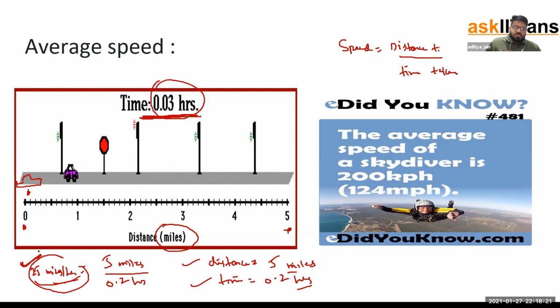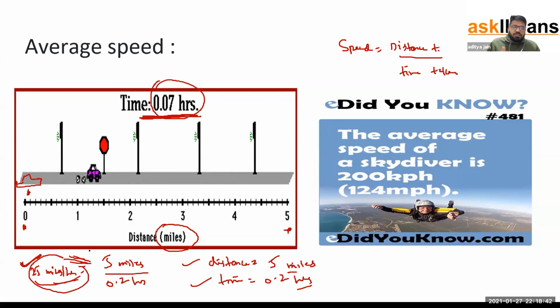Then the speed will increase gradually. So this speed is known as average speed basically, because during the entire journey of the car from 0 to 5 miles, its speed can't be constant. There's some traffic on the road where the car suddenly brakes or slows down, and there should be some portion of the journey where the car was speeding up.